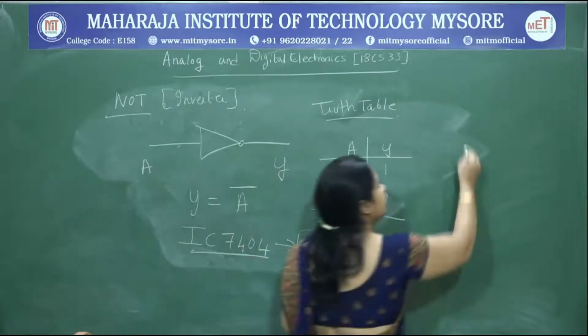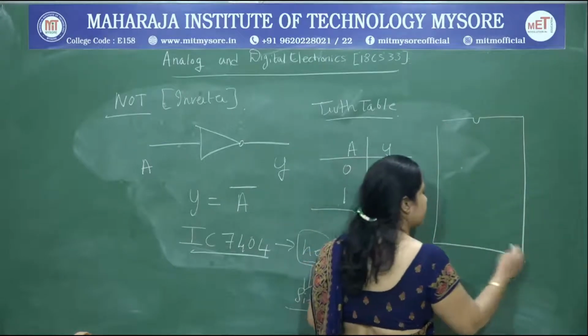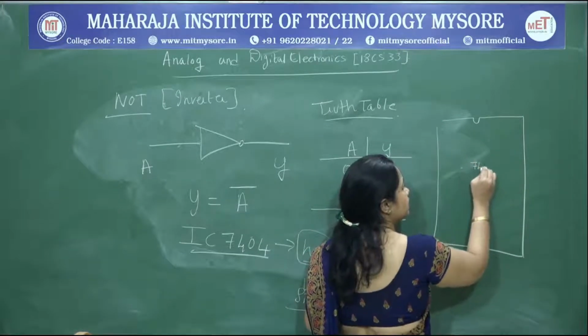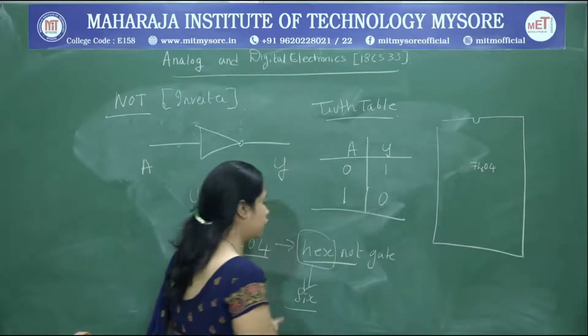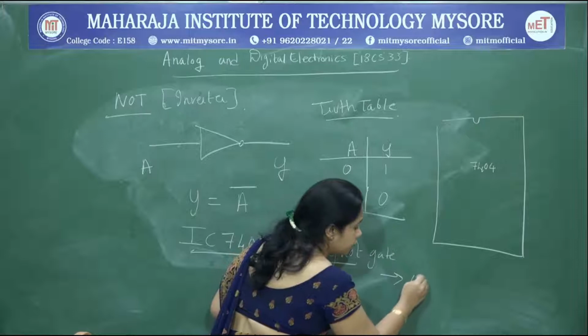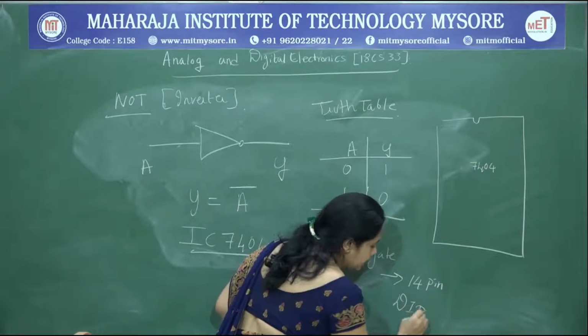And how do I draw the pin diagram of the integrated chip? Something like this. This happens to be 7404, and it is a 14 pin dual inline package.